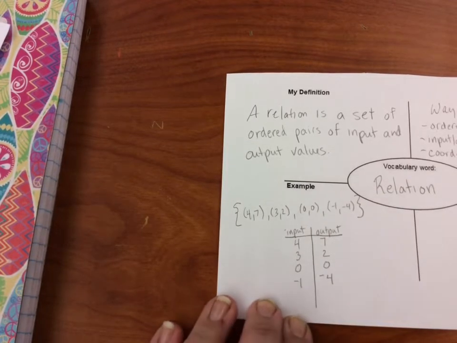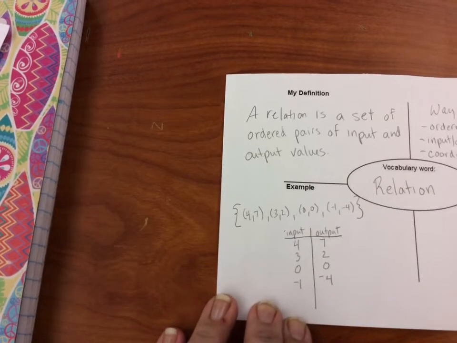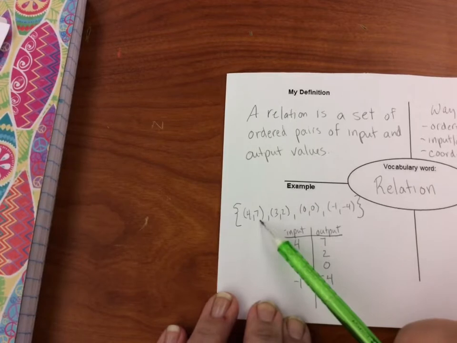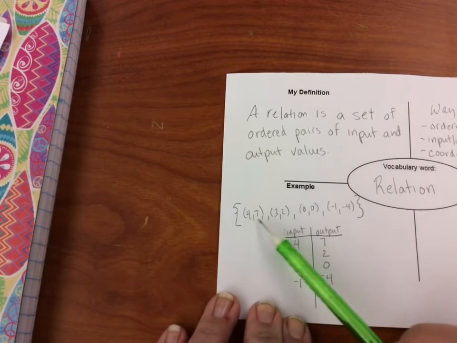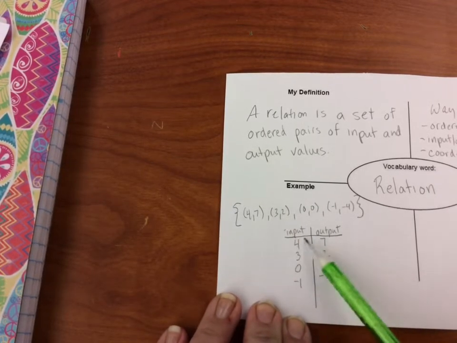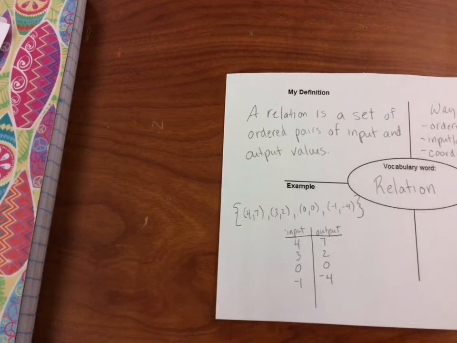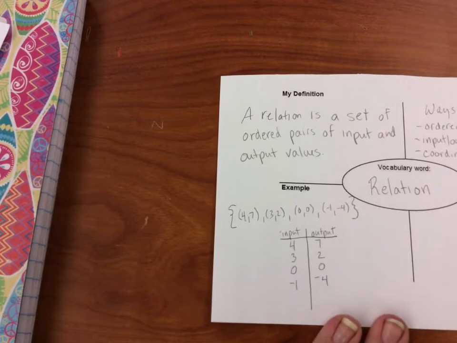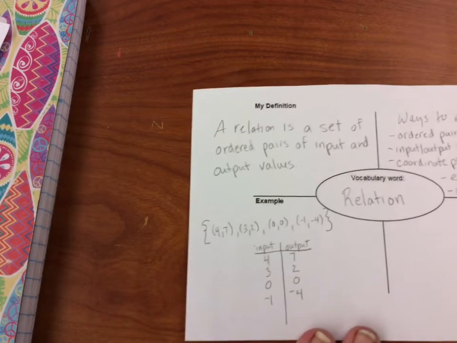So these ways of showing a relation show that 4 is connected to 7, both in the ordered pair and here in the input-output table. So a relation shows the relationships between the numbers, which numbers are in a relationship: 4 and 7, 3 and 2, 0 and 0, or -1 and -4.